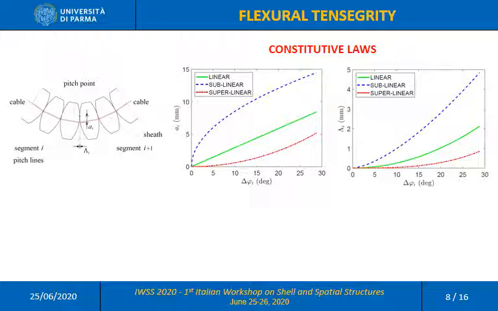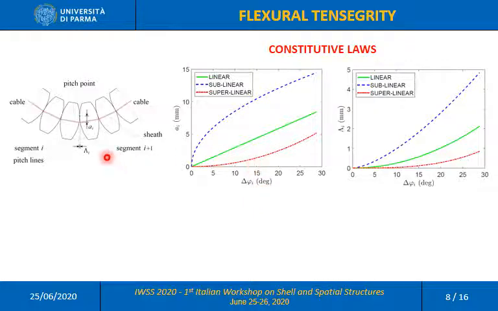The constitutive laws that define all the stiffness of the segmental beam are completely described by the relationship between the internal lever arm a_i and the relative rotation delta phi_i of the consecutive segments.